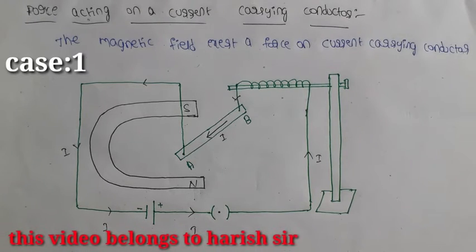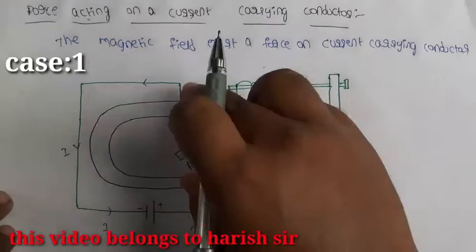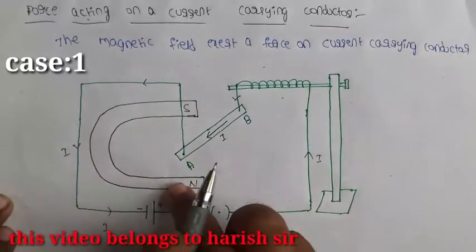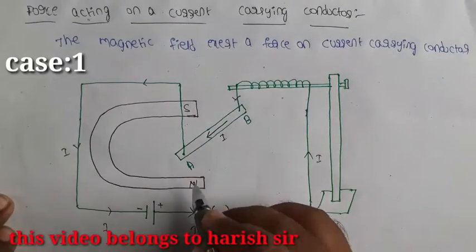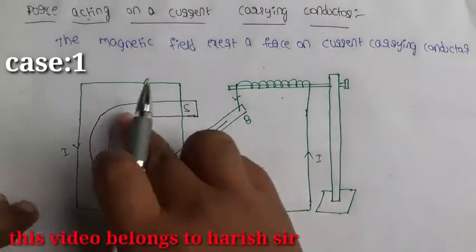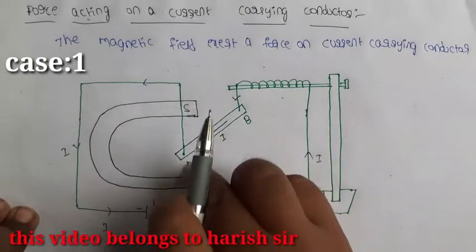Now what is the direction of the magnetic field? Here the magnetic field is produced by the horseshoe magnet. For a magnet, the magnetic field lines outside the magnet run from north to south.